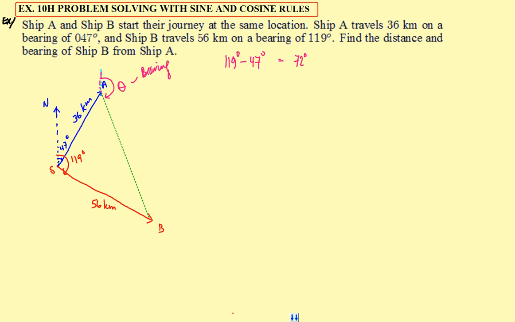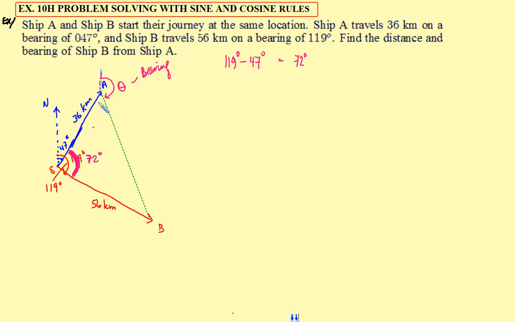I'm going to mark that off inside here: this is 72 degrees. Now we have an angle inside the triangle which is 72 degrees.